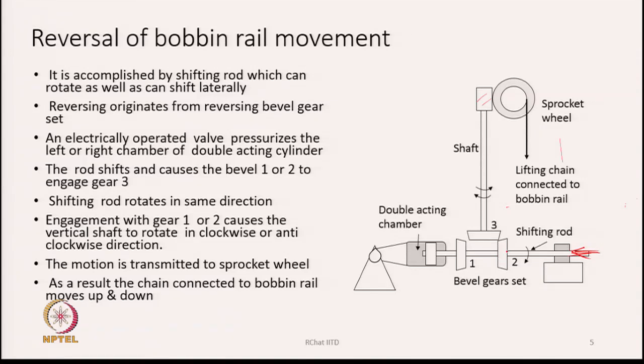When bevel wheel 2 engages with 3, the shaft will rotate in one direction. But if the shaft is moved laterally in this direction, to the right hand side, then wheel 1 will come into contact with wheel 3, and therefore the rotation of the shaft will change in the opposite direction.